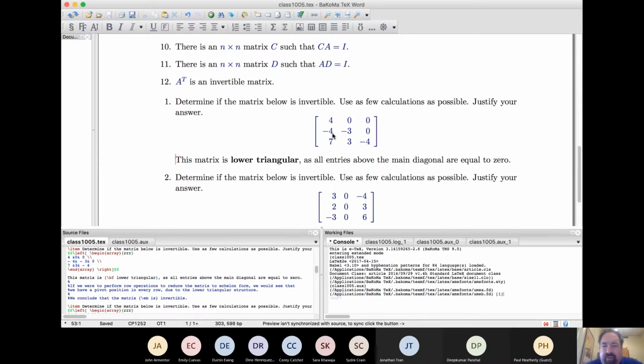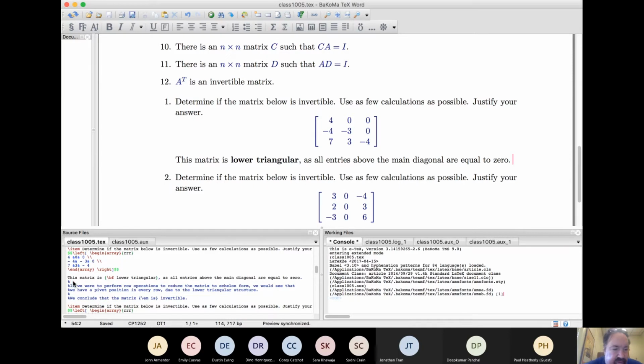If we take a square matrix and perform row operations to get it down to echelon form, that matrix is called upper triangular. So when you have a matrix that is triangular like this, whether it's lower or upper, like if I take the transpose of this, it would be an upper triangular matrix, it's actually very easy to determine whether the matrix is invertible or not, because these entries on the diagonal, you can think of them as your pivot positions.